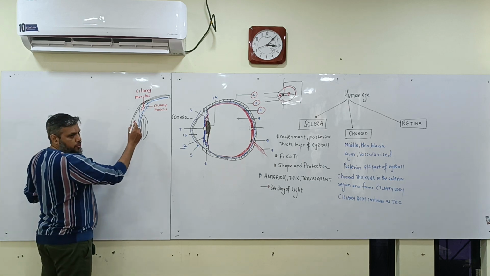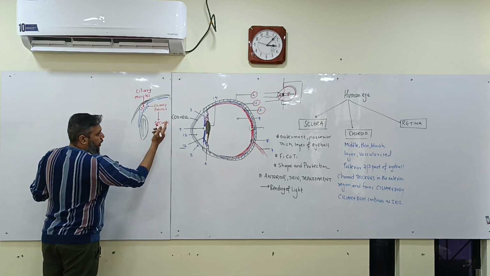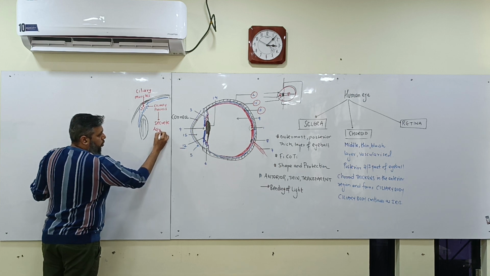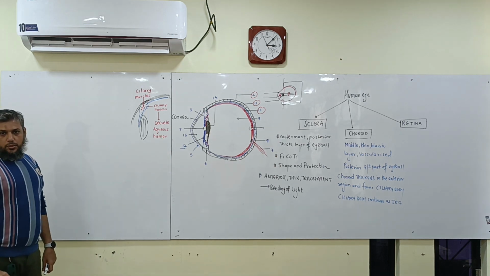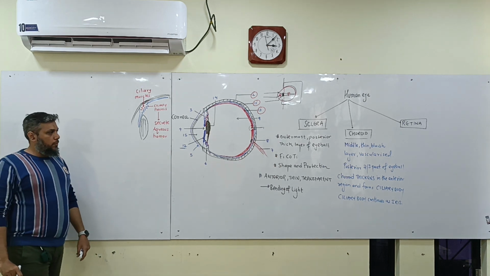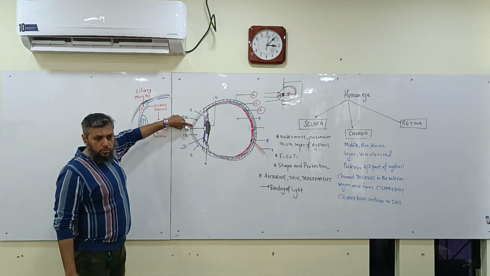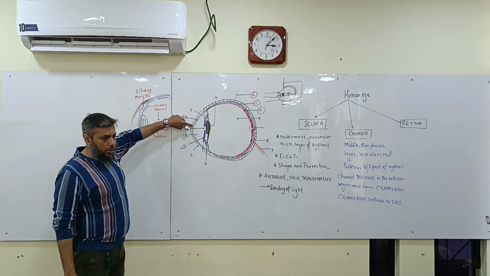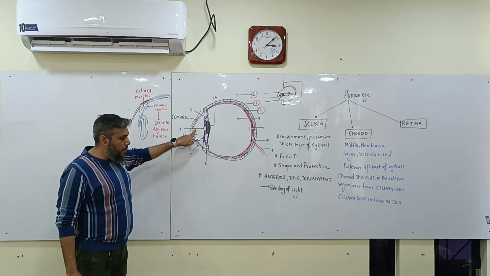These ciliary processes secrete a liquid called aqueous humor. क्या कहते हैं इसको? Aqueous humor. What have I kept my finger on? Cornea. Who is this? Lens. And who is this space?